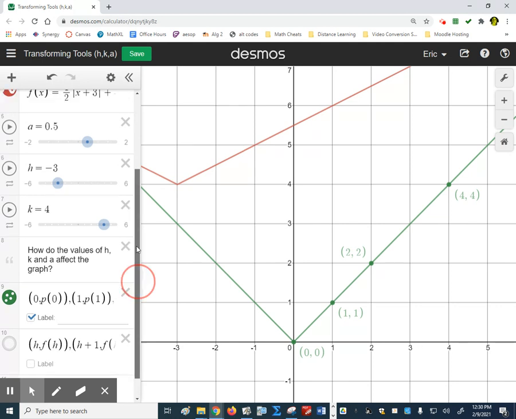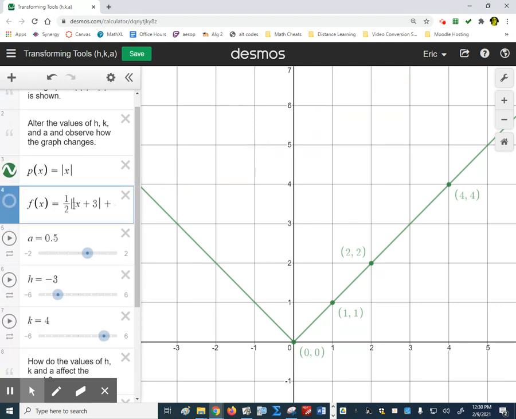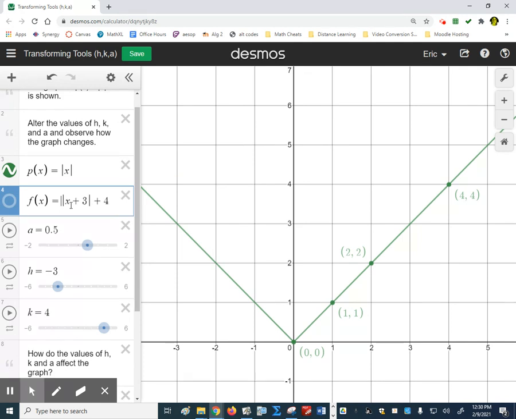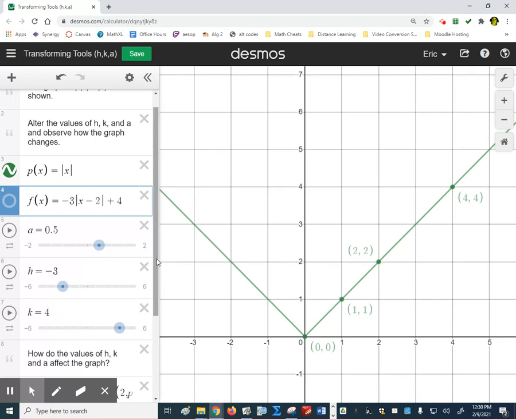Okay, let's try this one. Tell me what's going on here. Okay, tell me, what did we do there? How is f of x going to transform my parent graph?